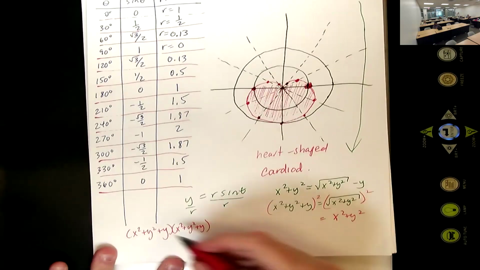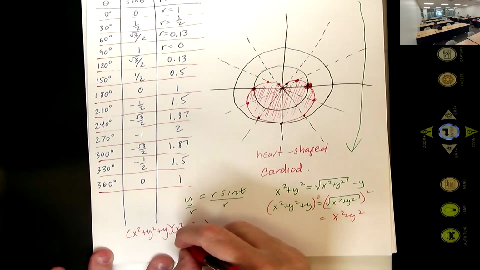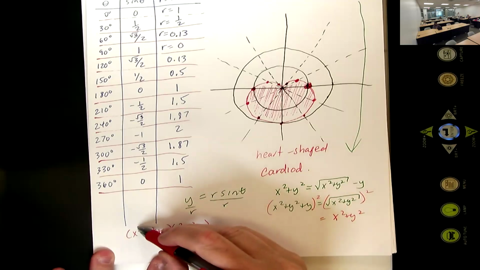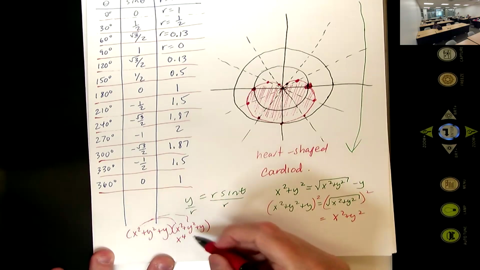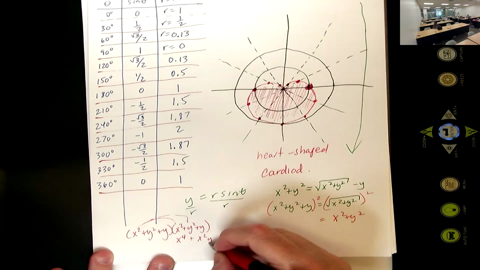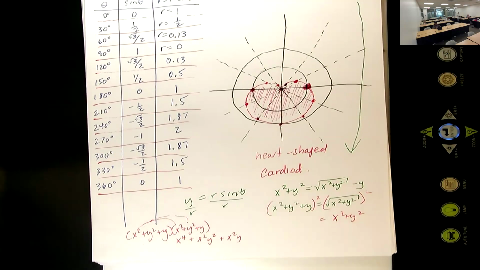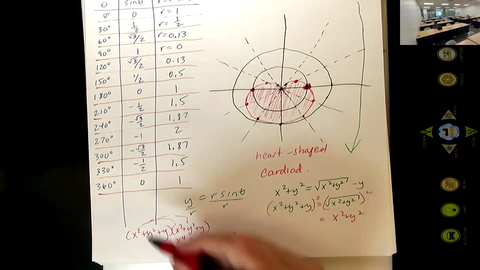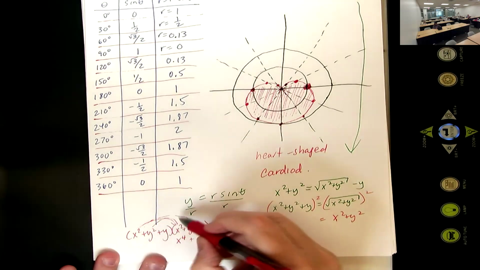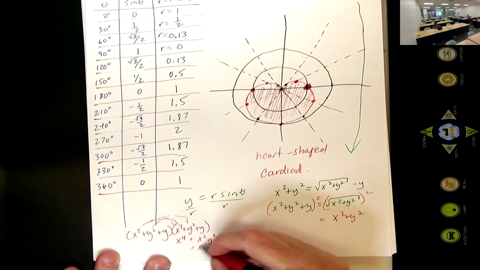I've got an x to the fourth. I'm just distributing one at a time. I've got an x squared y squared, and I've got an x squared y. And then I distribute the y squared: I get a y squared x squared, which is the same thing as that.